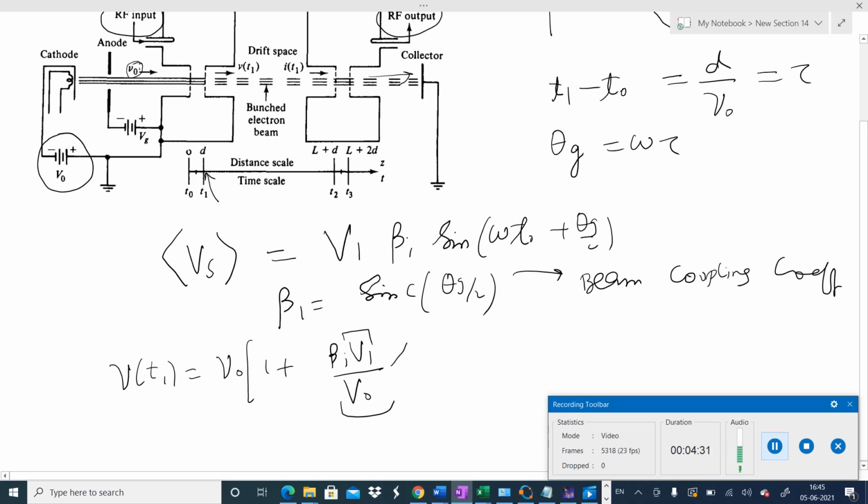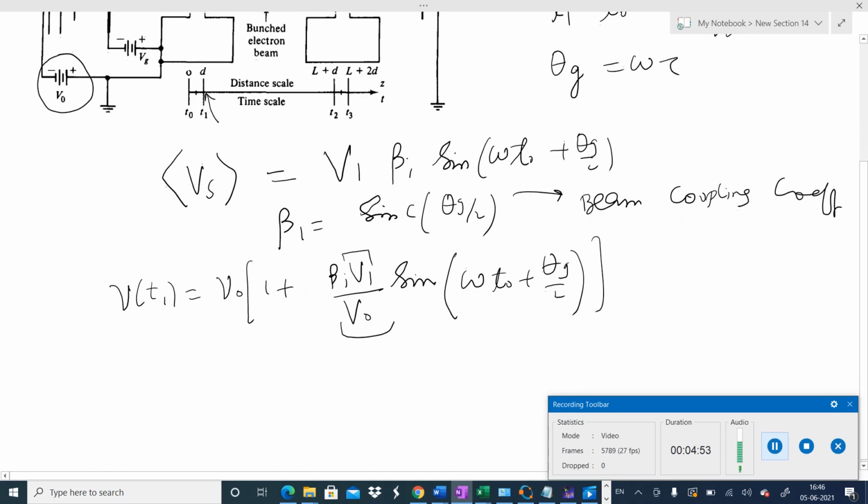So you can compare it with the usual amplifier. Suppose you want to amplify an AC signal: v1 is the amplitude of the AC signal, and v0 is the biasing DC voltage. You can express this in terms of v1 also.